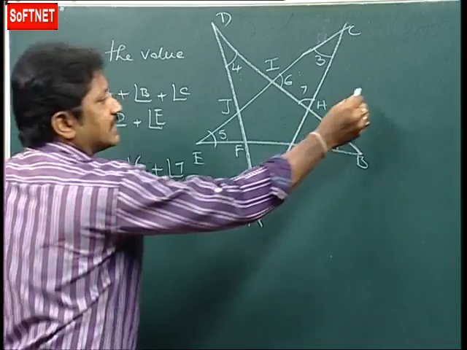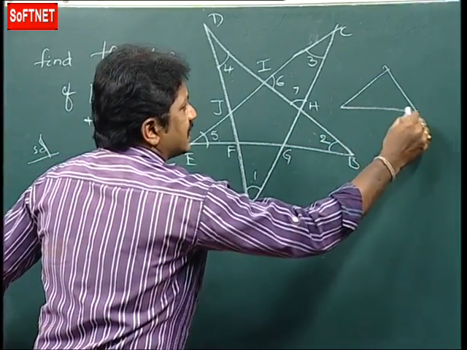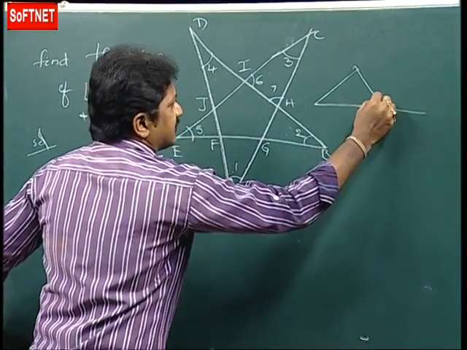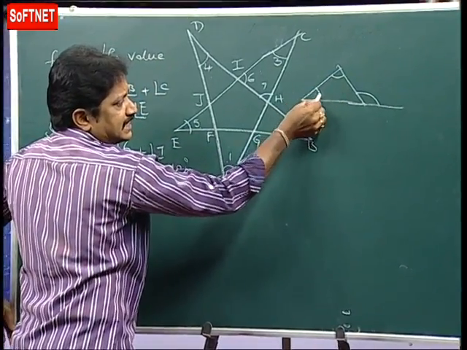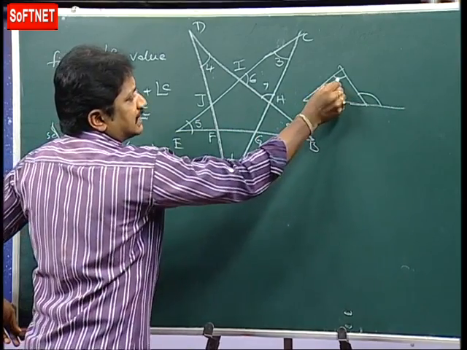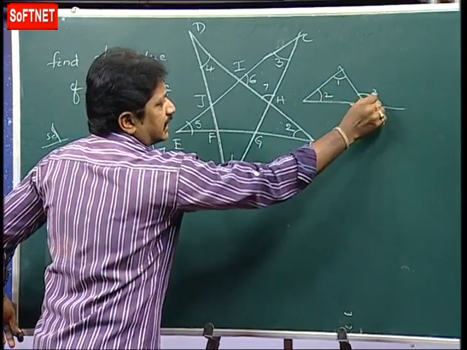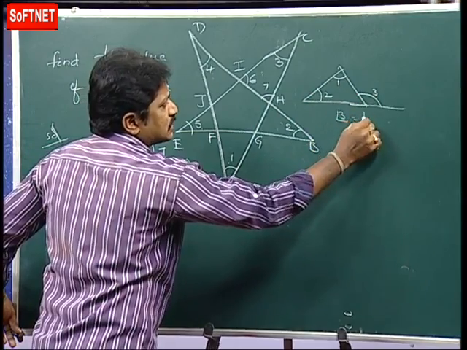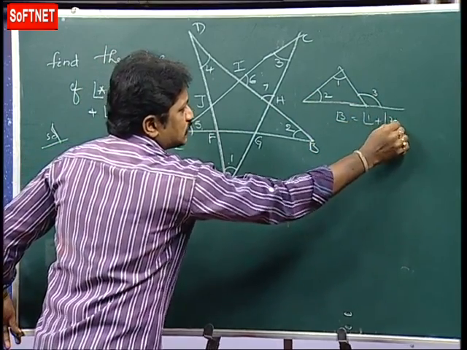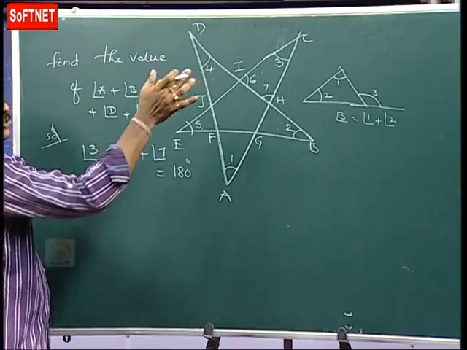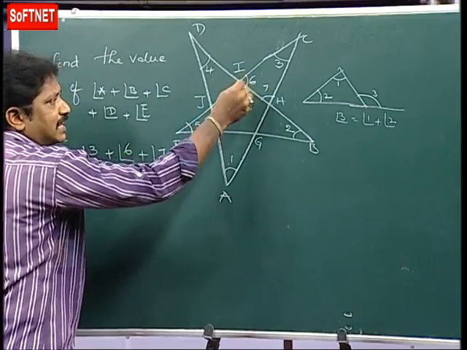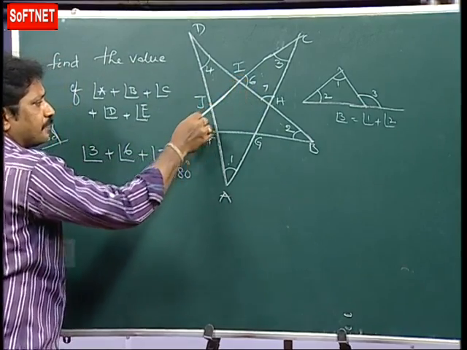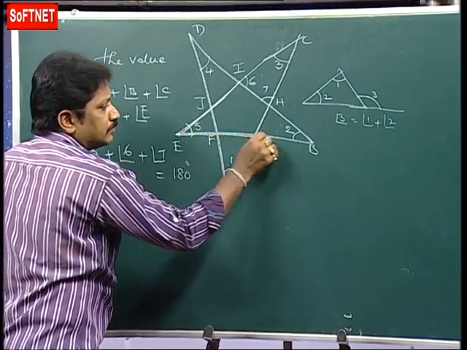When you take a triangle, if one side is produced, the exterior angle formed equals the sum of the interior opposite angles. If you say this is 1, this is 2 and this is 3, then angle 3 equals angle 1 plus angle 2. Now I am going to use the same property here, when you consider this triangle I, E and B.